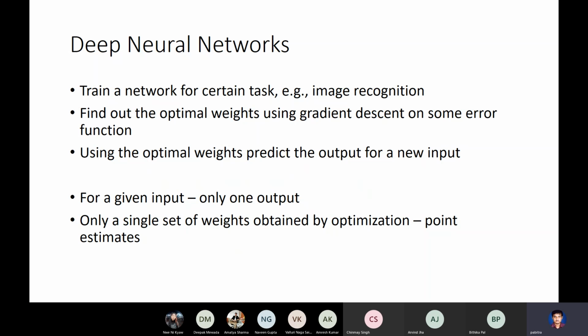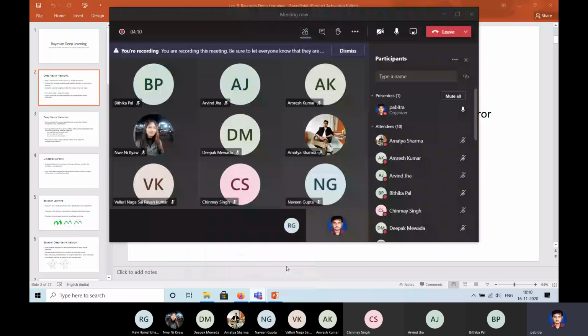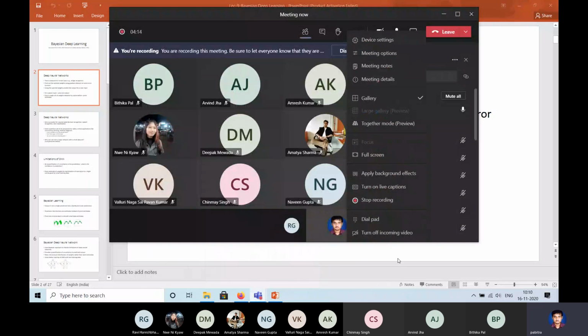You train your network, which basically means that using gradient descent, that is the backpropagation algorithm, you minimize some error function, cross entropy or mean square error or classification error, and find the optimal set of weights. Using this optimal set of weights, you predict the output for a new input.